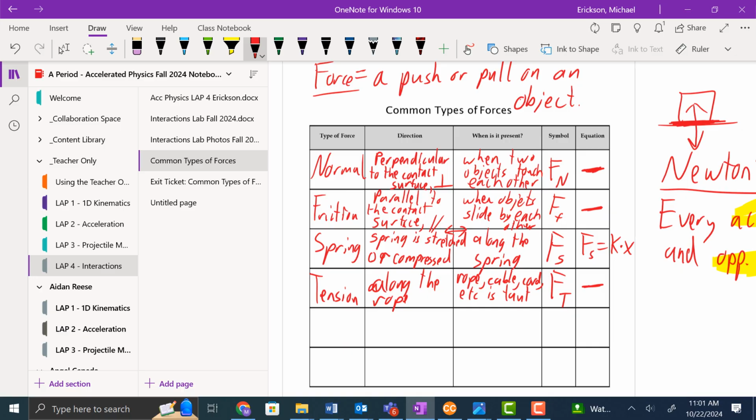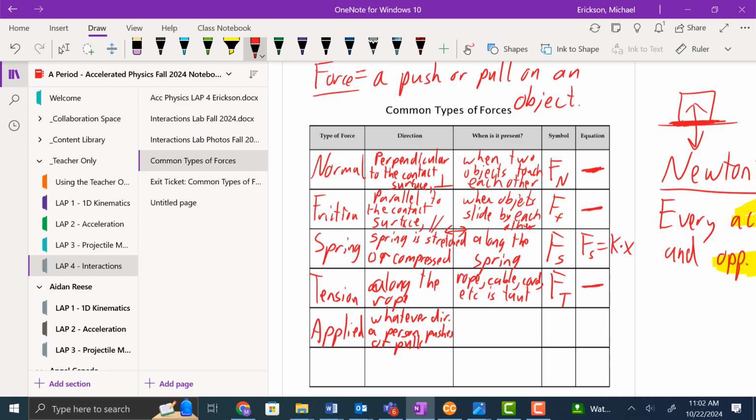Alright. If I were to push an object as a person, I'll call that applied. All applied is, is whatever direction a person pushes or pulls. Some people teach applied, some people don't. I don't want it to be too confusing. It's a normal force caused by a person. That's what I want you to think of it.